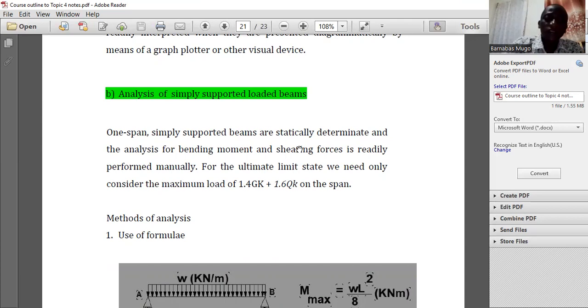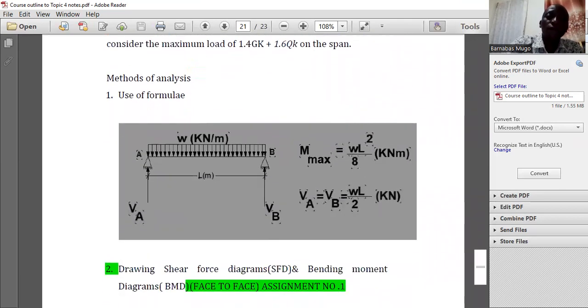For methods of analysis, we can use the formula for manual calculation. In this case, you have the simply supported beam, as you can see. It is carrying w kilonewton per meter, that is the uniformly distributed load. We have VA and VB, which are the shearing forces supporting that weight.